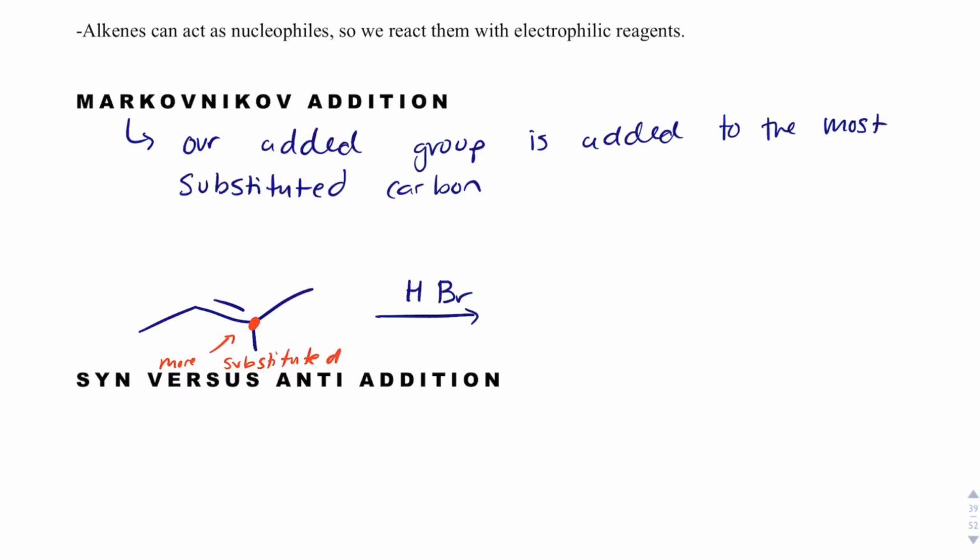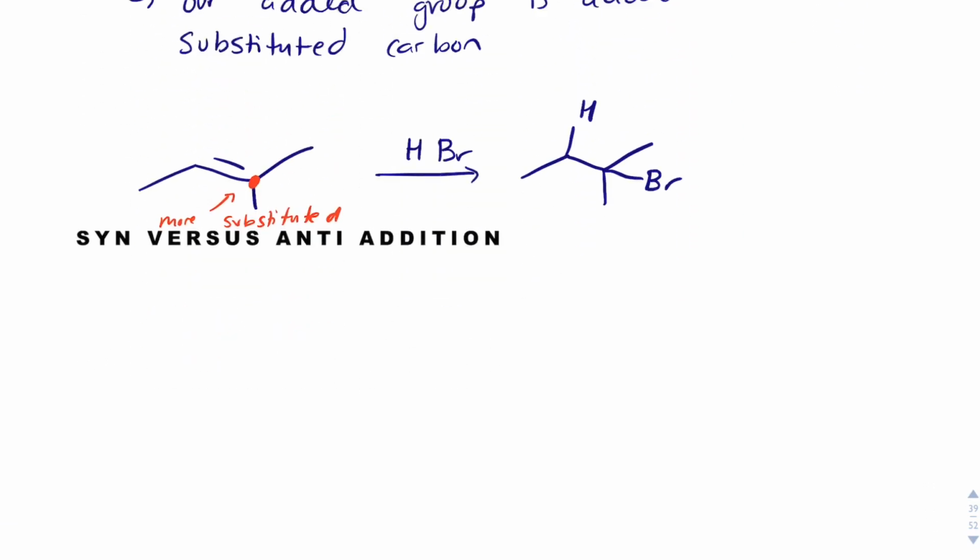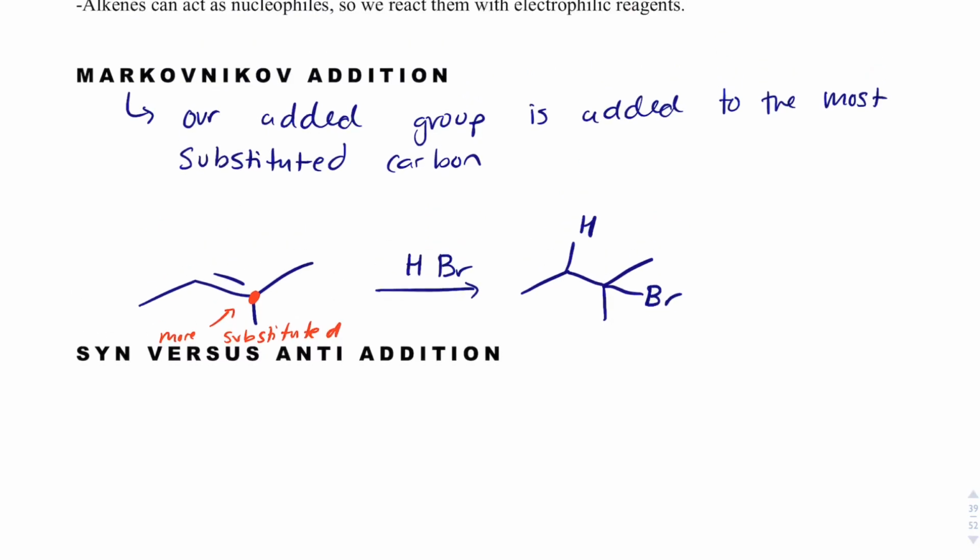And so what will happen if it is Markovnikov addition, bromine gets added there, hydrogen gets added there. Now, I don't know why I don't have it on here, but I'm going to add a note. My bad for forgetting. What's the opposite of Markovnikov addition?